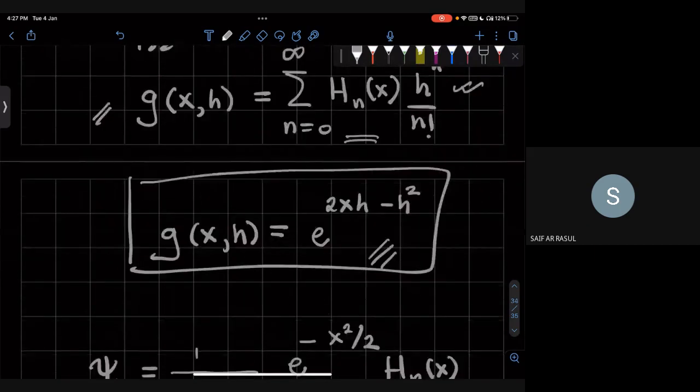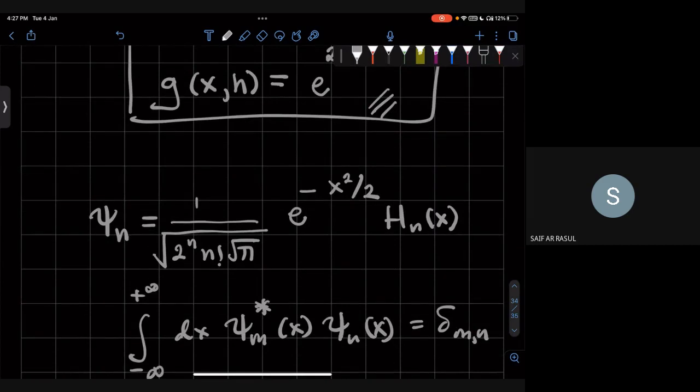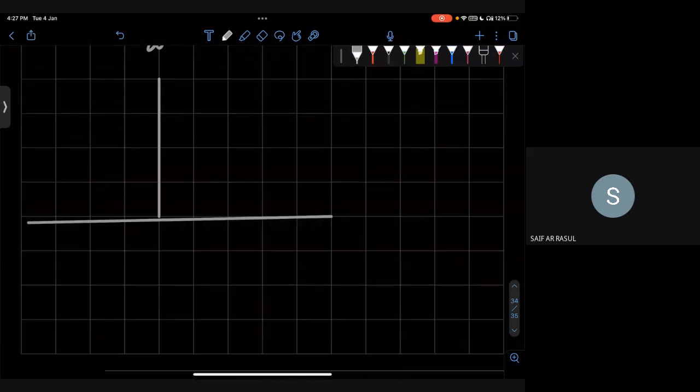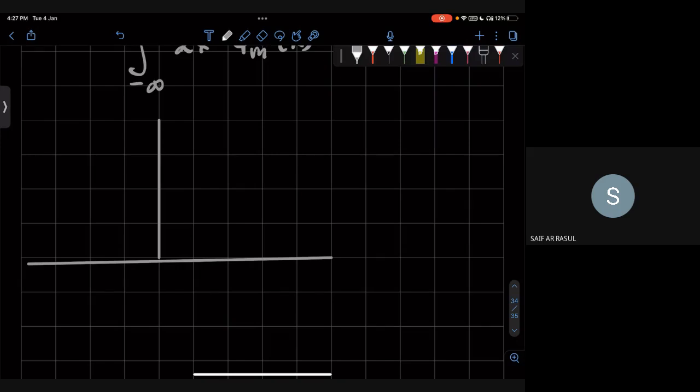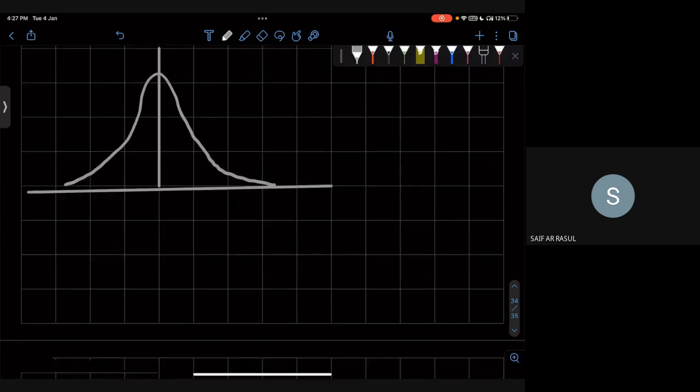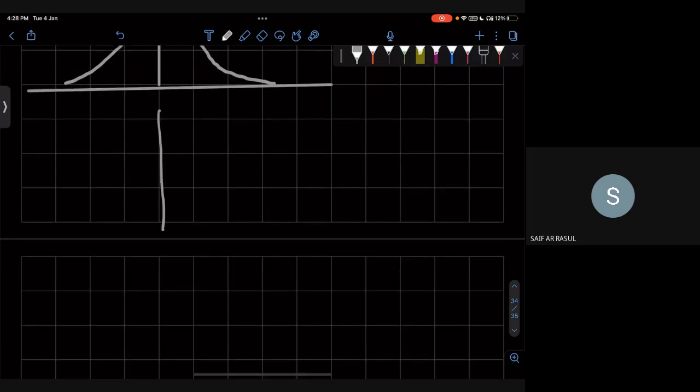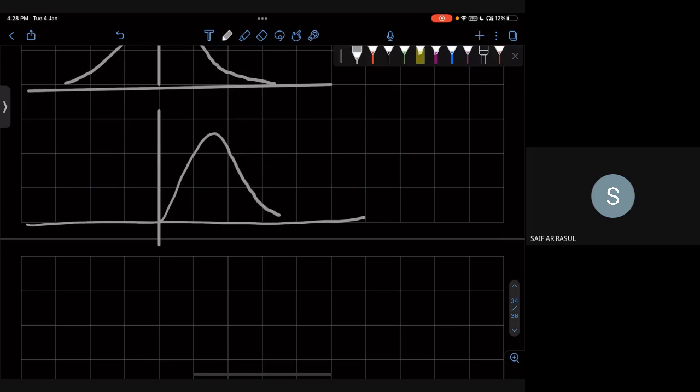And this is our full wave function. So this is 1, so this is a Gaussian. So our ground state wave function is something like this. So Gaussian. Okay. So the second one is going to be, we'll have this form. Okay.